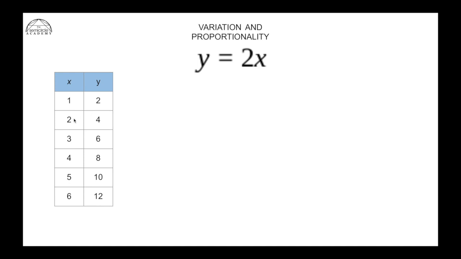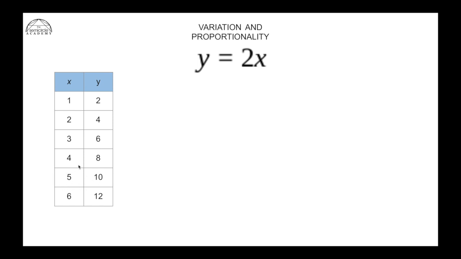If x is 2, y is 2 times greater, which is 4. If x is 3, y is 2 times greater, which is 6, and so on and so forth. So we could see here that with this relationship, y is always 2 times greater than x.